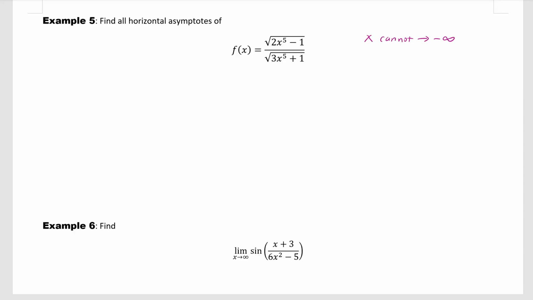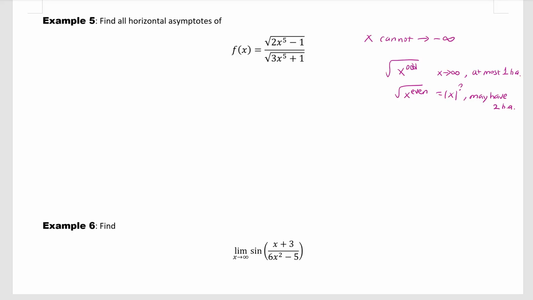Be careful with that. So at most one horizontal asymptote. But if you have x to an even power, this is the absolute value of some power, so x can go to either positive or minus infinity, and then we may have 2 horizontal asymptotes.